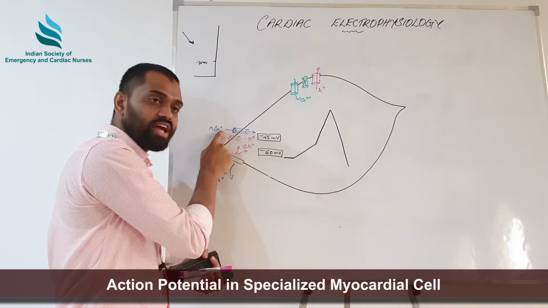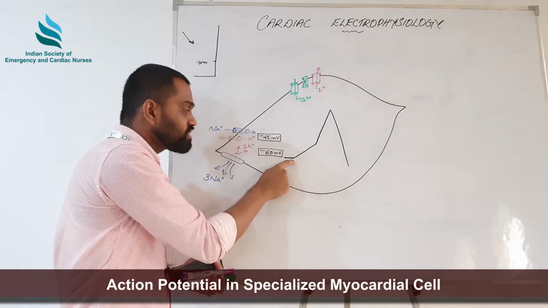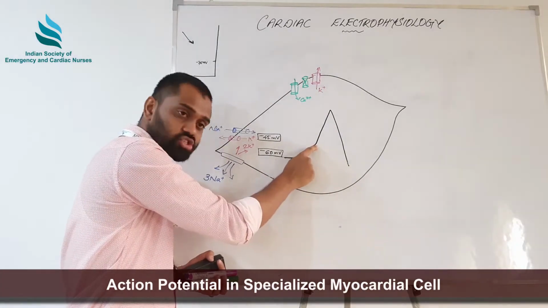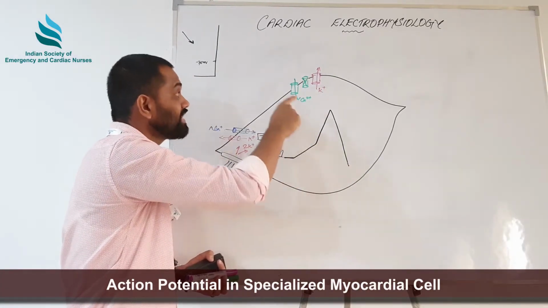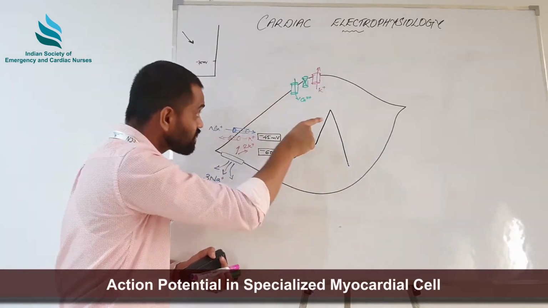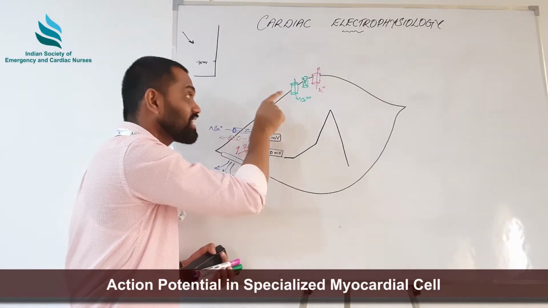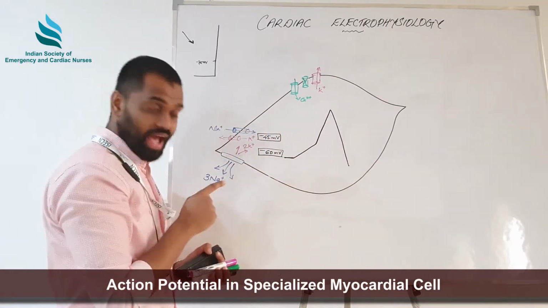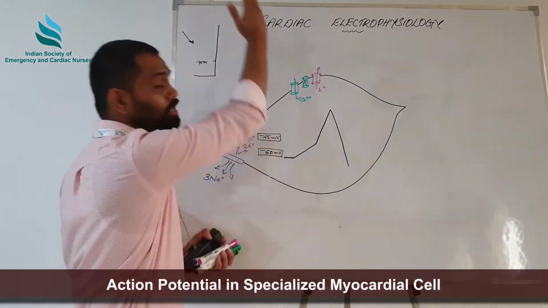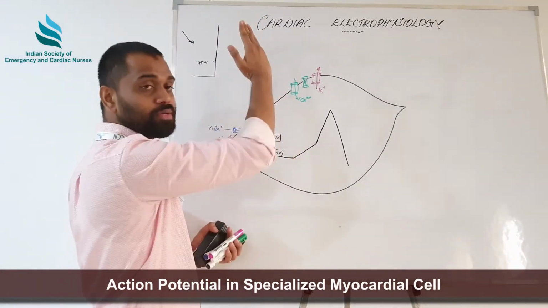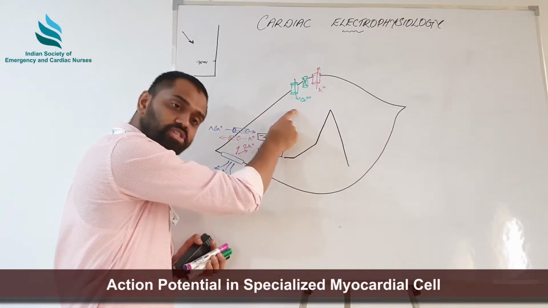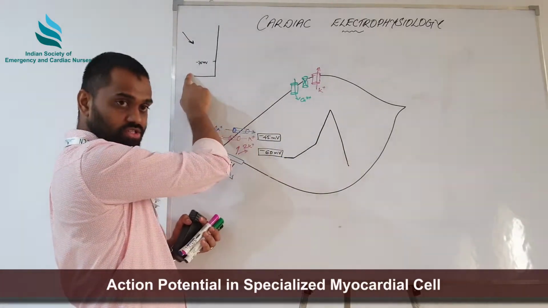The leaky sodium channel helps raise it by itself, and as it touches the threshold potential, it is not the voltage-gated sodium channels that open. Instead, it is the voltage-gated calcium channels that open. And in contrast to the contractile myocardium, it's not a steep depolarization, it's a slow, slopey depolarization, because calcium channels are slow channels and sodium channels are fast channels.